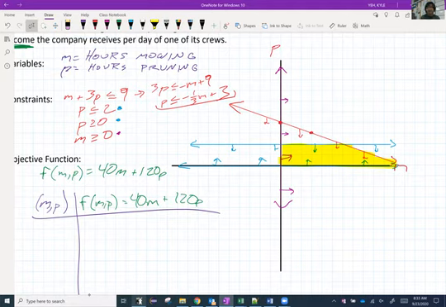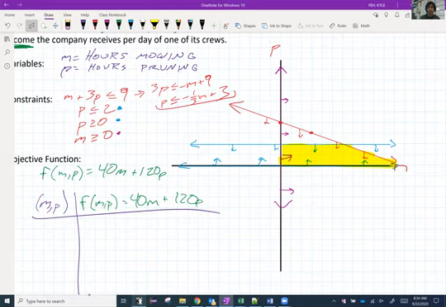I typically make my Y axis the second letter alphabetically, because that's how we do it, X comma Y. So I made M my X axis and P my Y axis, but your end answer would be the same even if you switched those. Since I made P my y-axis, I got P by itself to get it in slope-intercept form. So P is less than or equal to negative 1/3 M plus 3.